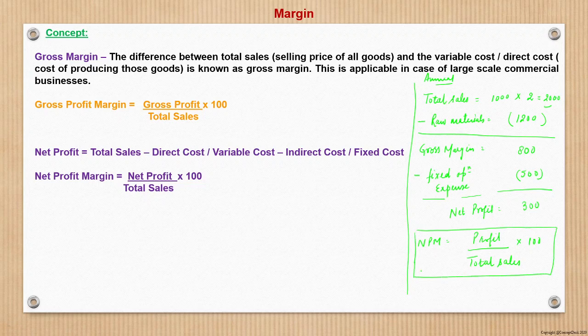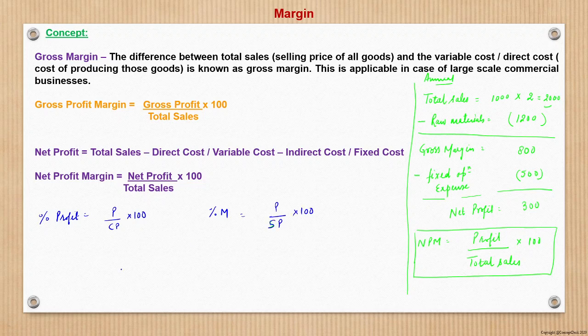Now if we draw a parallel between this net profit margin and the profit percentage, what is the difference? See, percentage profit we calculated as profit upon CP into 100, whereas percentage margin we are calculating as profit upon total sales, which is the selling price, SP, into 100.